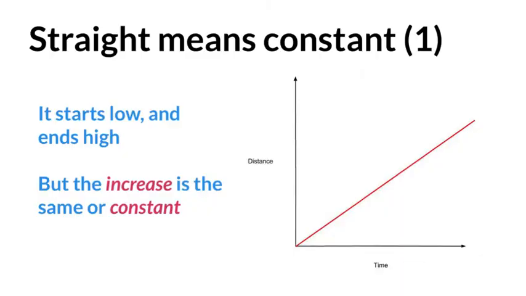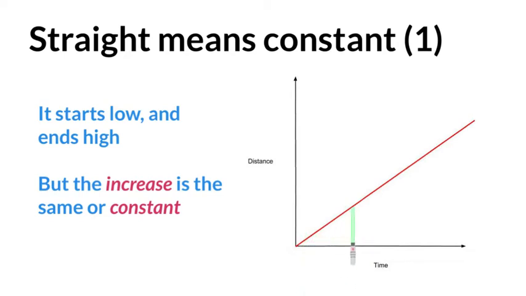Now, we've seen that whenever we see a straight line, it tells us that things change the same all the time. Alright? So in this case, we can see that we're starting off, and you should always tell me this, starting off low, going to high. Whether this is distance or speed doesn't matter.